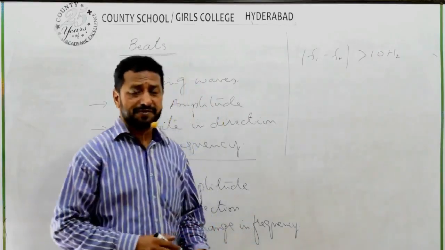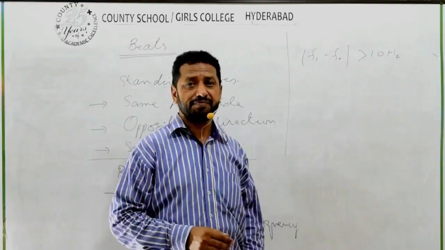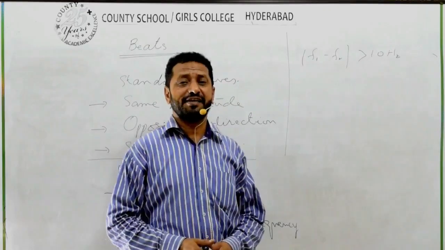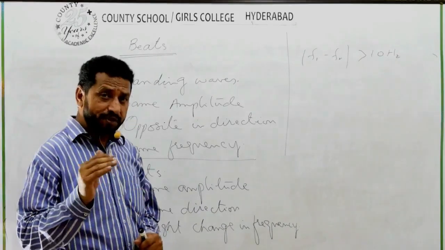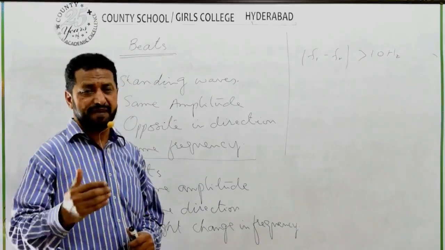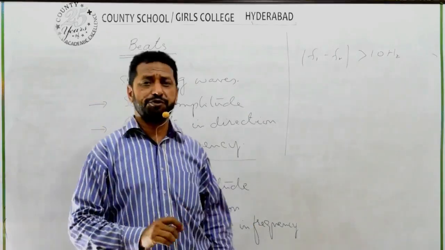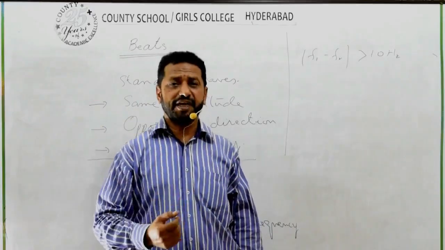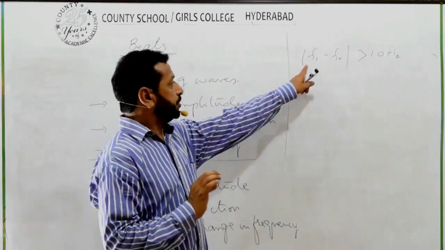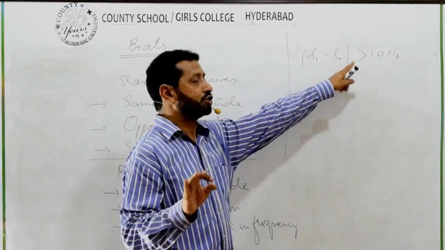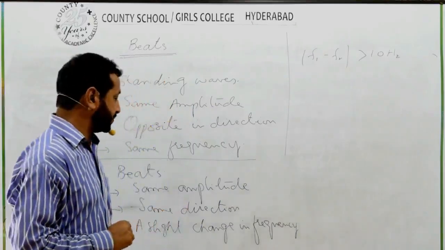If your frequency difference is greater than 10, then you cannot hear the beats. As you increase from 7 to 8, 9 and 10, up to 10 you can hear the beat, but after that we cannot hear the beats. So the difference of the two frequencies must be less than 10, then beats can be produced.